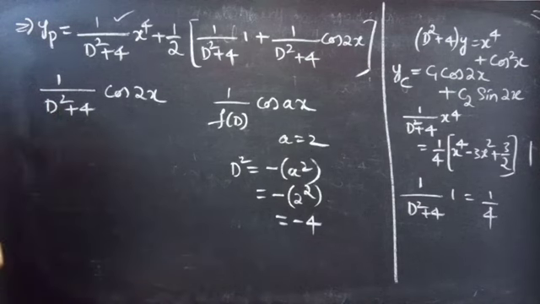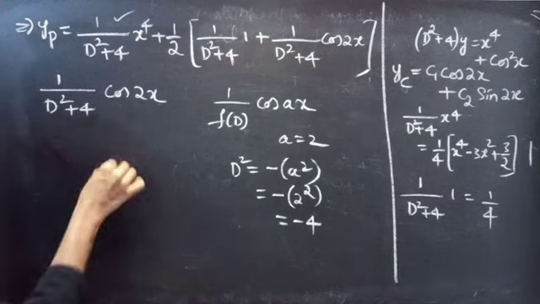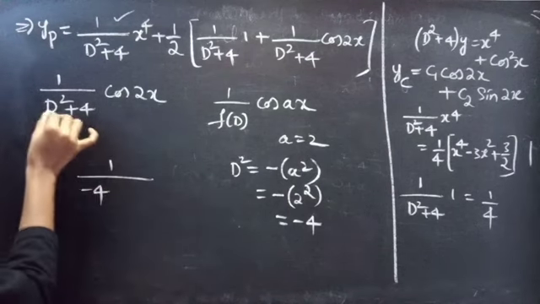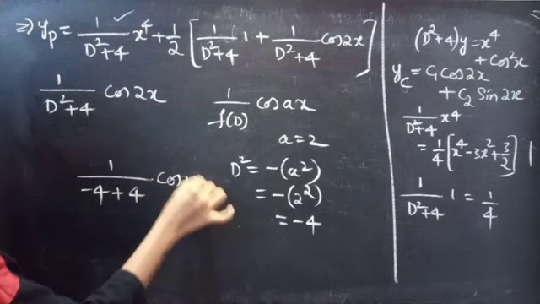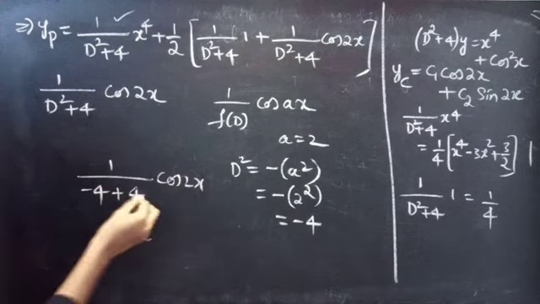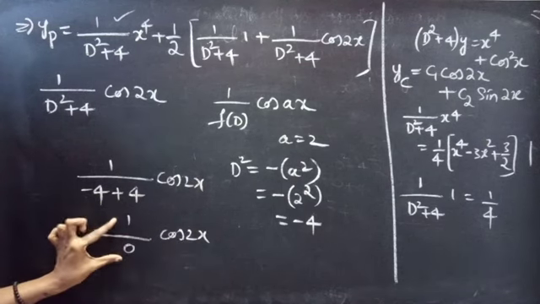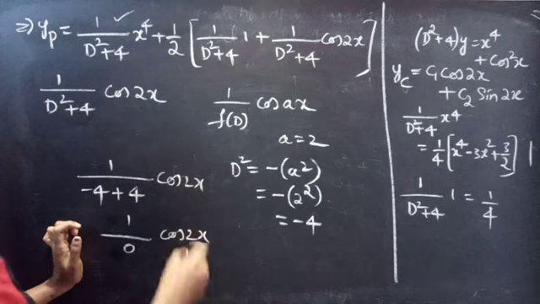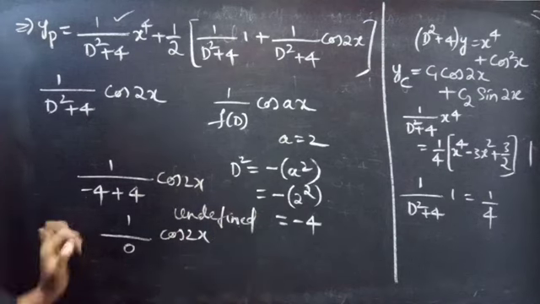Always the denominator must be non-zero. We'll get 1 by minus 4 plus 4, which is 0, into cos 2x. Since 1 by 0 is undefined, the total term becomes undefined. So what do we have to do here?